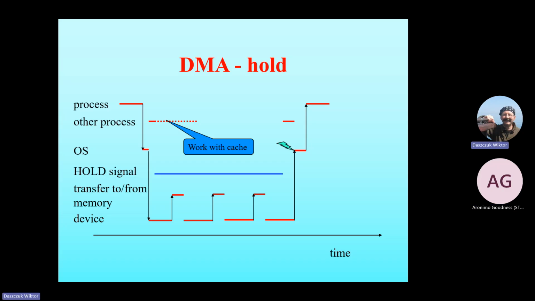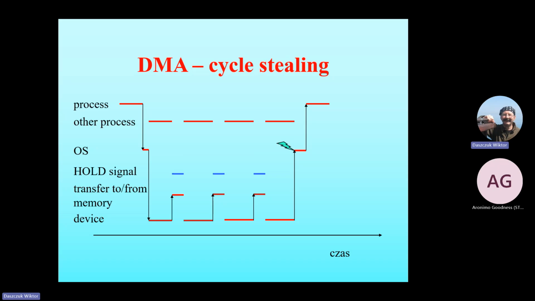And more advanced solutions are, for example, cycle stealing. The DMA channel uses the hold signal, but stops the processor only for several instructions, when it accesses memory. It is called cycle stealing.